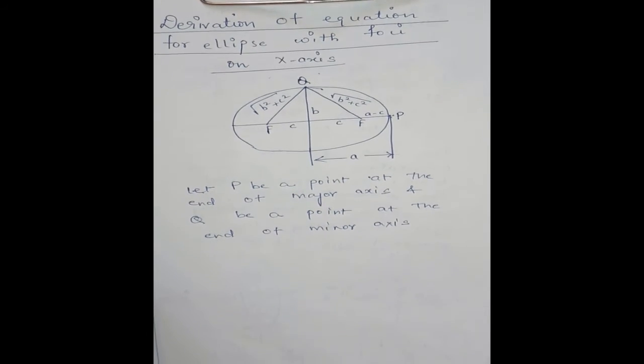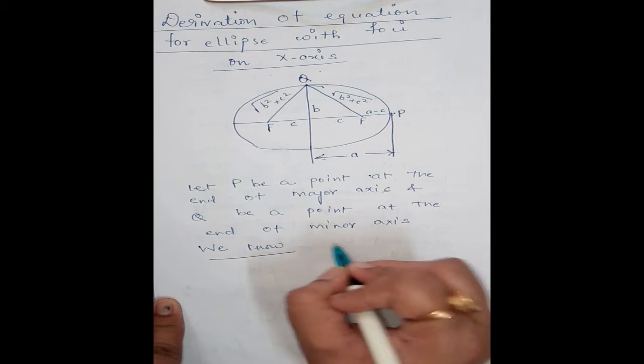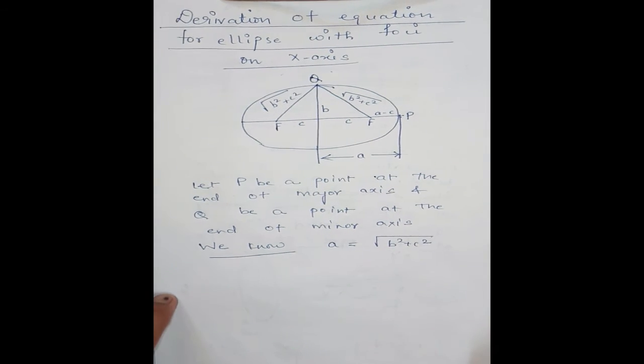Now we know, we have derived this relation: A is equal to square root of b squared plus c squared.